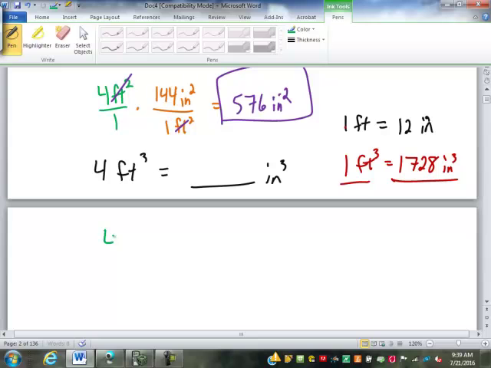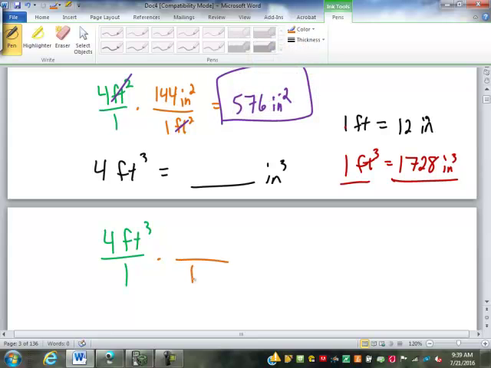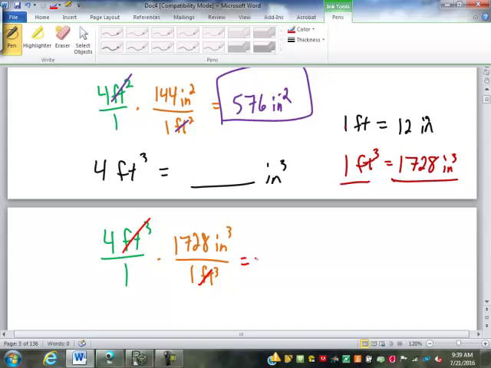So when we go to set this up, we got 4 cubic feet over 1. Now the 1 cubic foot's on bottom, it's 1,728 cubic inches. 4 times 1728 is 6912 cubic inches. Look familiar?